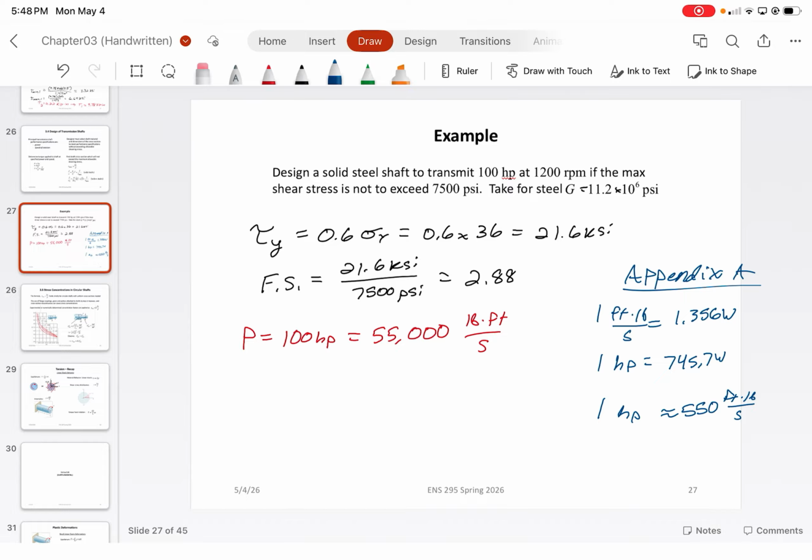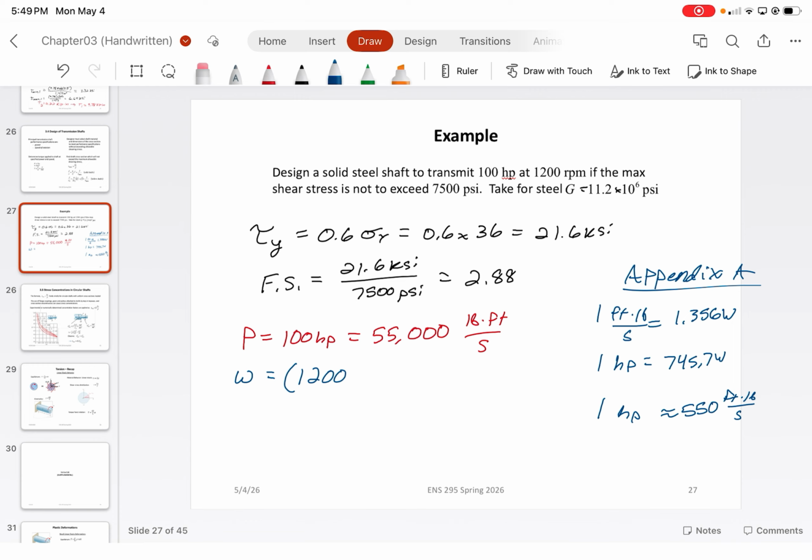All right. Now, it also tells us the RPM, which means that we can figure out the frequency at which it's rotating. So the angular rotation, omega, we want to convert to a type of frequency.